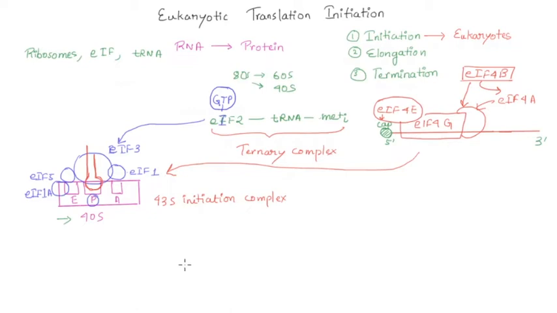Now when we have the smaller subunit, this is the P site, this is the A site, and this is the E site, along with the mRNA, and also all the proteins and the tRNA.